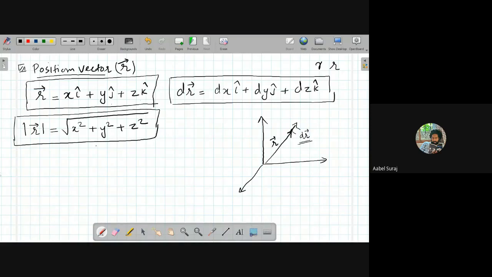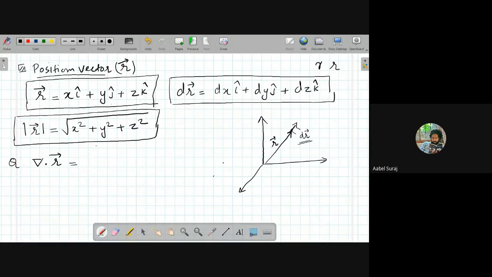Now, a question comes. What is del dot r? This is an important question, actually asked directly in many entrance exams. Where r is the position vector, what is del dot r?